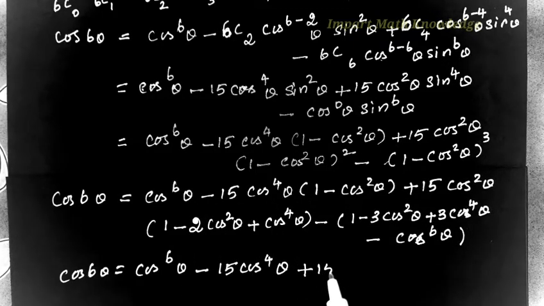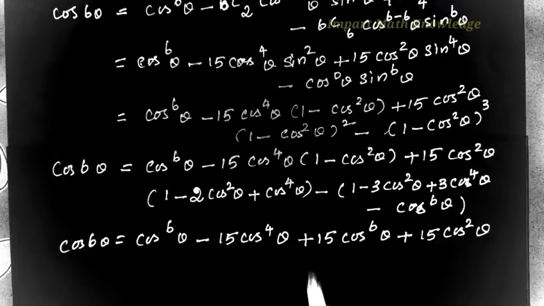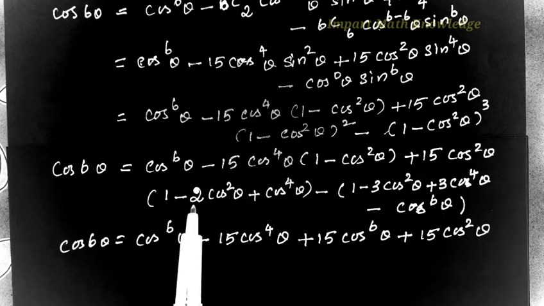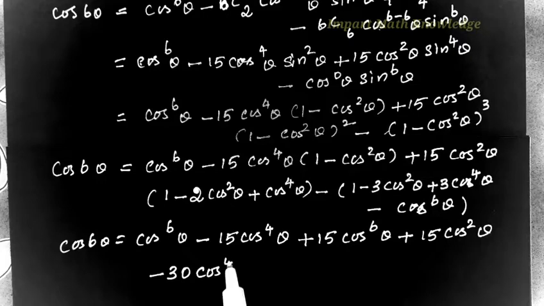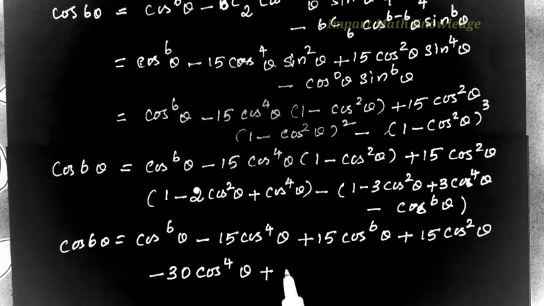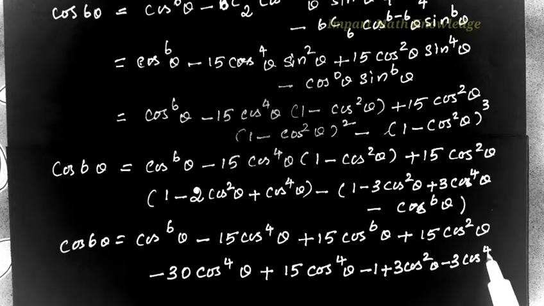So plus 15 cos power 6 theta plus 15 cos square into 1 is 15 cos square theta. 15 cos square theta into 2 cos square theta is minus 30 cos power 4 theta plus 15 cos power 4 theta minus 1 plus 3 cos square theta minus 3 cos power 4 theta plus cos power 6 theta.